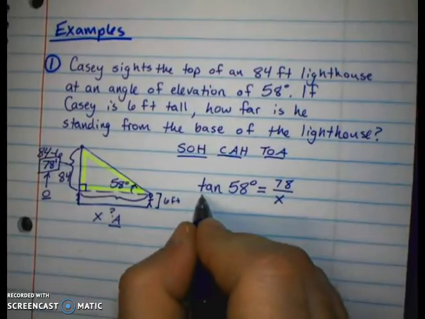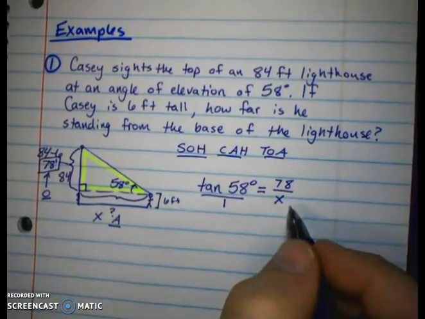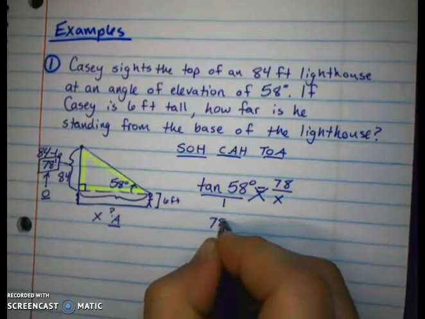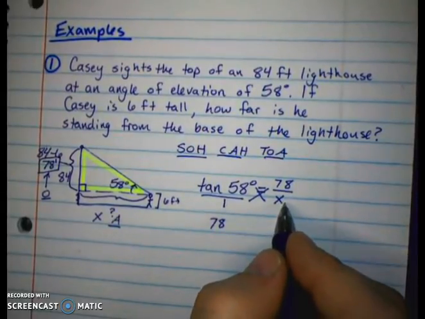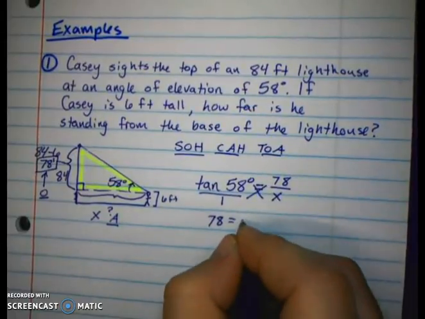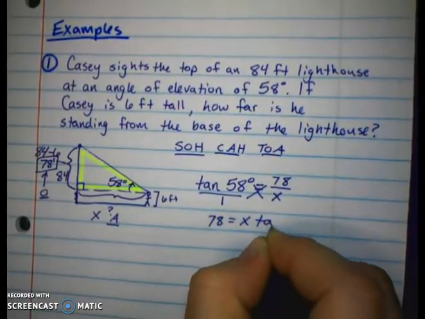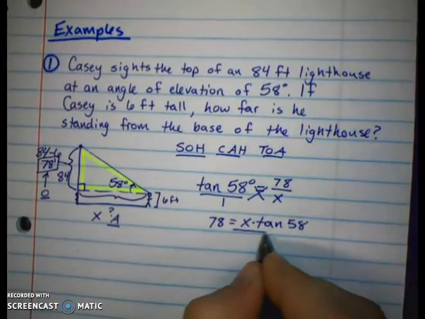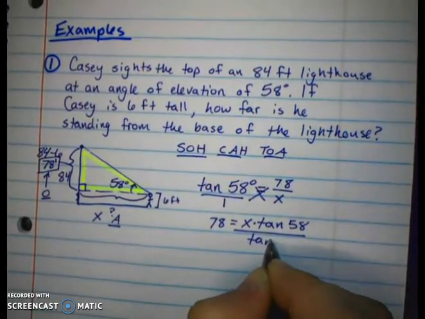And remember, to solve this, we're going to set it up as a proportion so that we can cross multiply. 1 times 78 is 78. And then x times the tangent of 58, we write exactly like we said it. So that to get x by itself, we're going to divide both sides by the tangent of 58.